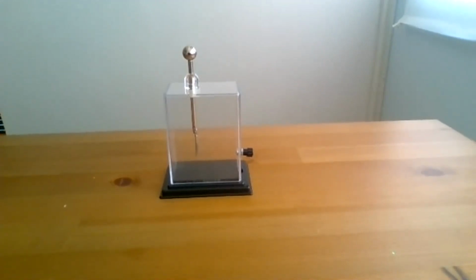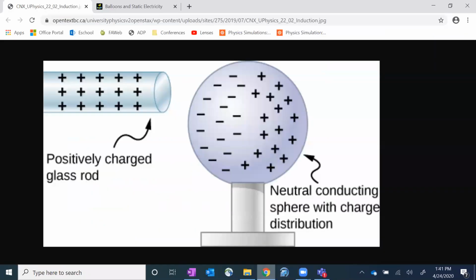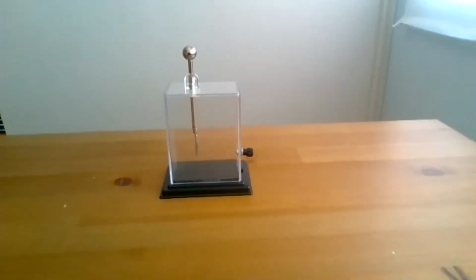What we are seeing is the same thing we saw in this diagram, except I had a negative rod. With my negative plastic rod, it causes the repulsion of electrons within the electroscope. And as soon as it gets close, all those electrons get propelled down to the bottom of the electroscope. So the bottom of the metal rod and the aluminum foil both have a negative charge.